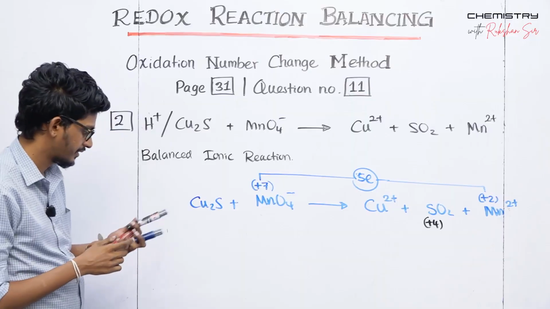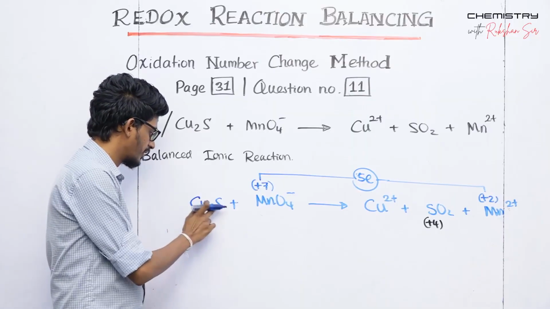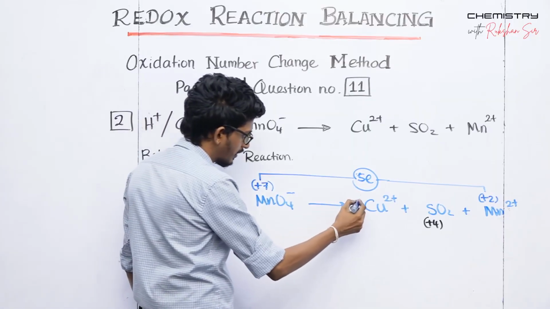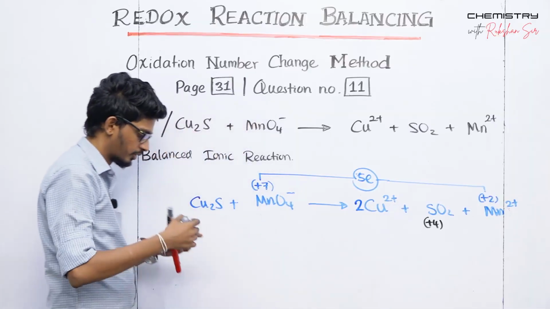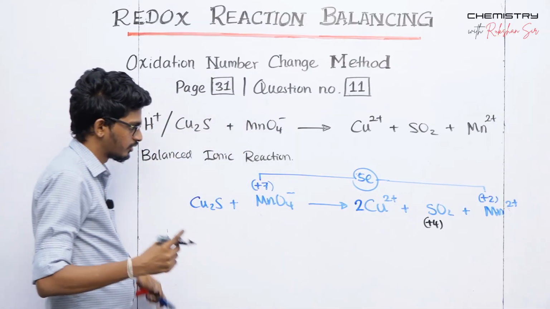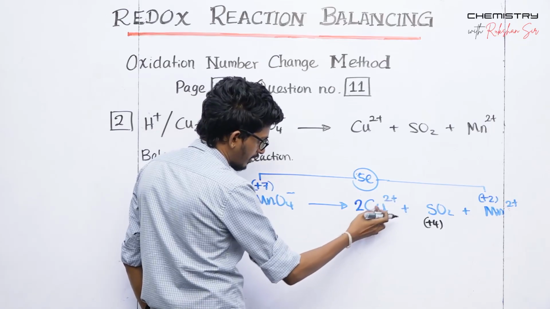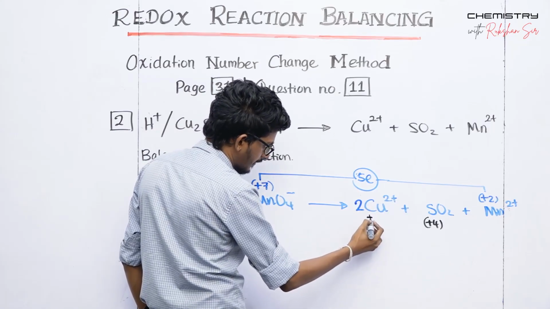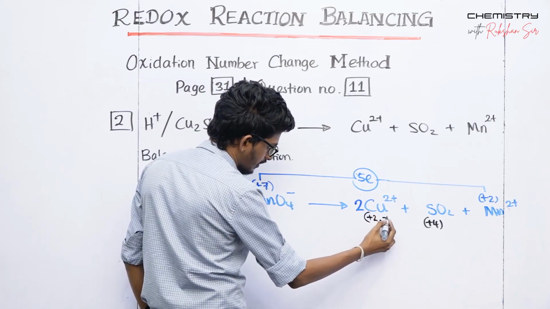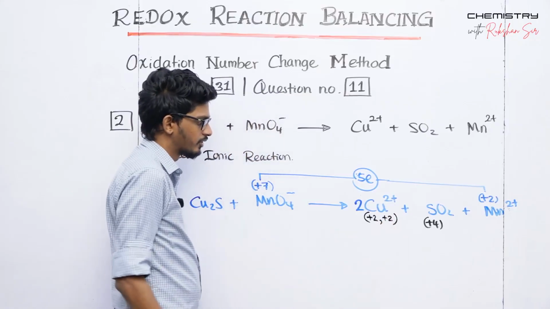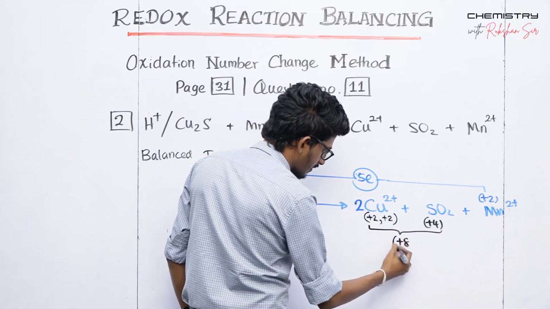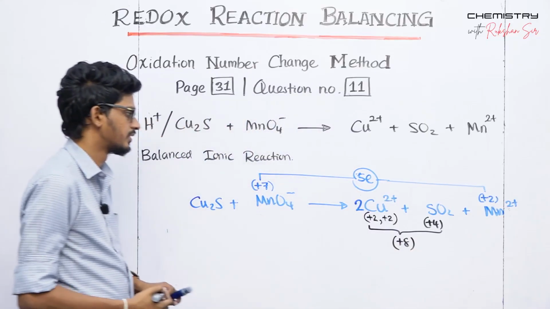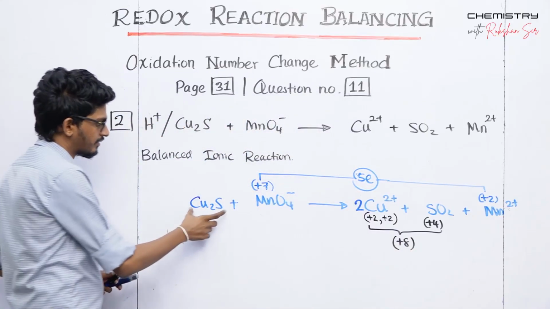First of all, you need to balance the redox species. 2 copper atoms are available, so 2 here, 1 sulfur, that is okay. Now just balance the oxidation states. For this one, 2 of plus 2s, so altogether the charge here is +8. What about this?